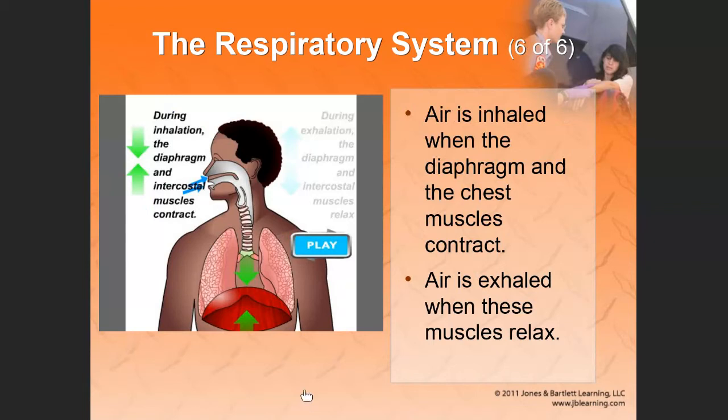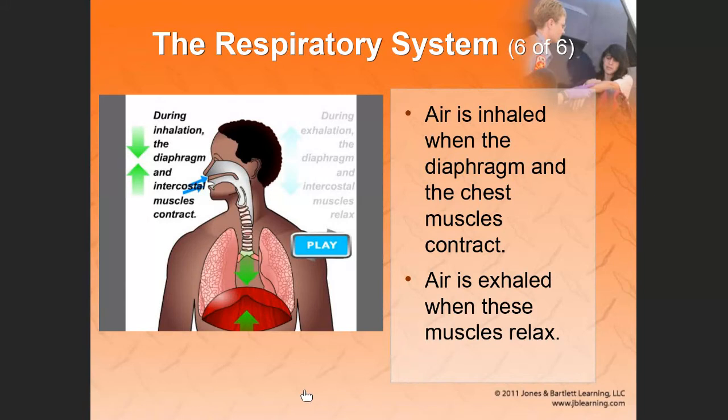Now, air is inhaled when the diaphragm and chest muscles contract. Air is exhaled when these muscles relax. So the process of ventilation, which is the mechanical action of breathing, has two phases.